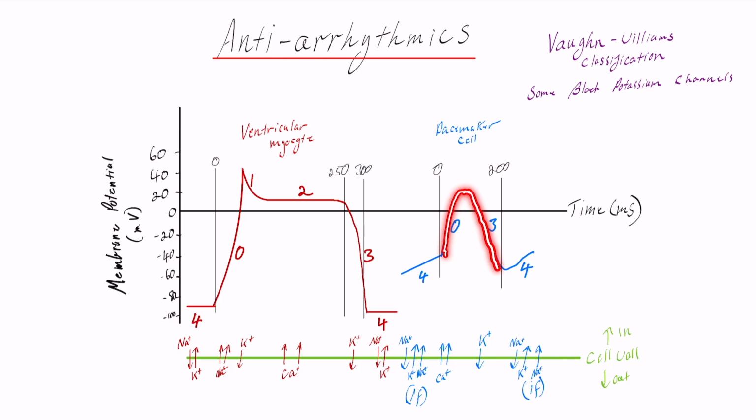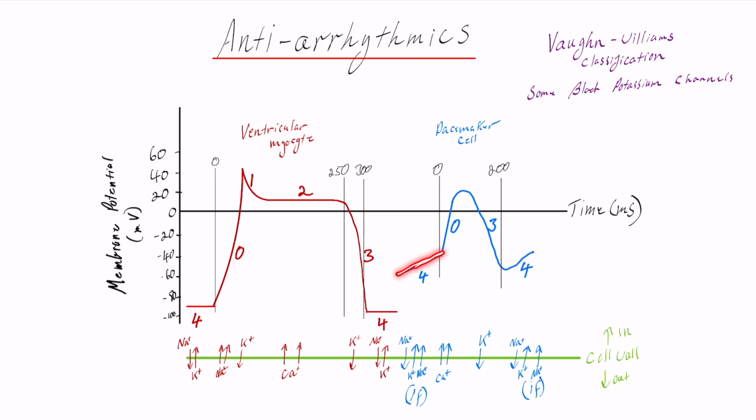So potassium is leaving the cell, making the cell more negative. We then reach the bottom of our membrane potential, which is dominated by our sodium-potassium ATPase, plus our funny current here, that leads to the leakiness of the sodium with our membrane potential becoming more positive.